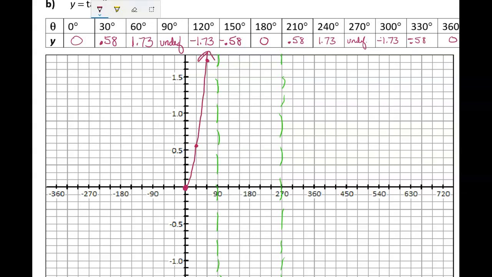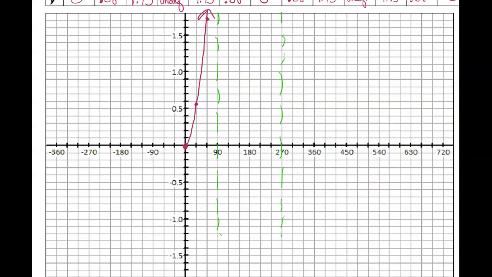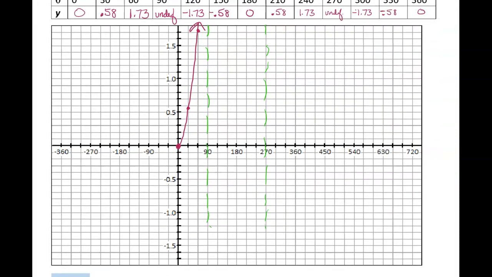Now let's graph the next piece, 120 degrees, comma, negative 1.73. So adjusting, sorry about that, and then negative 1.73. That's going to be almost down to the bottom of the graph here. And next angle is 150 degrees, negative 0.58, 180, 0, 210, 0.58, 240, 1.73.